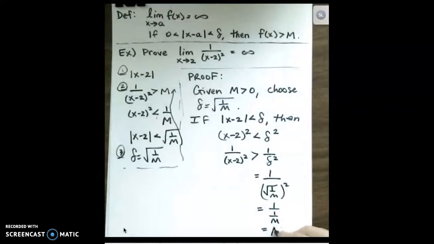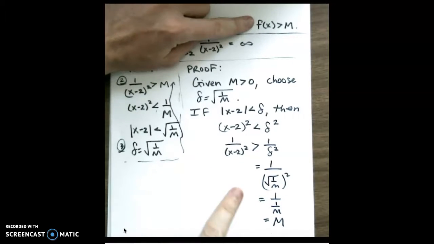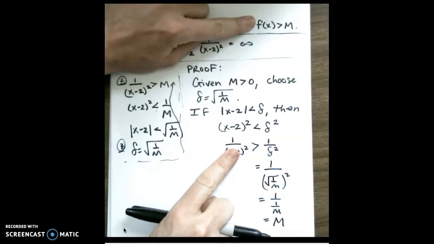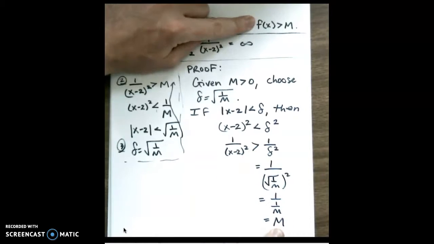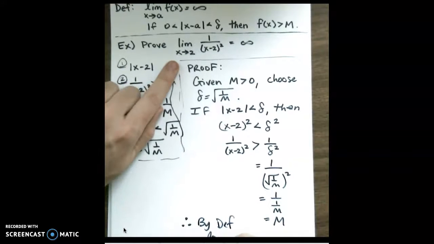So we get m, and that is what we wanted to prove. So we just showed that the function, which is this, is greater than m. So we're now at our conclusion, therefore, by definition, and then we just restate our limit. The limit as x approaches 2 for that function is infinity.